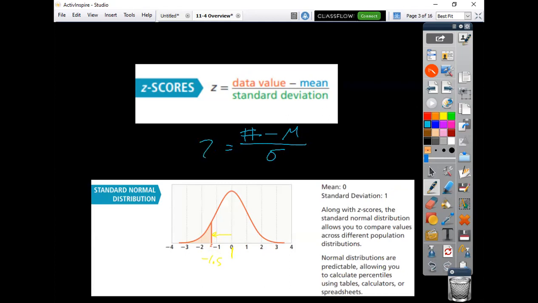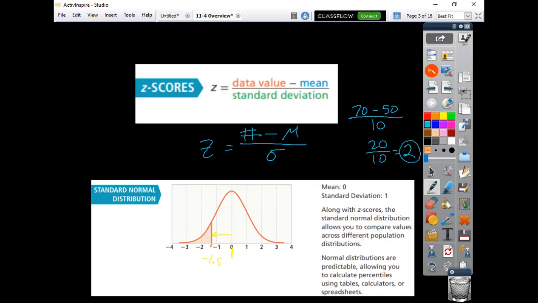That'll give you your z. So if I have a number that's 70, but the mean is at 50, and each standard deviation is 10, so 70 minus 50, I'm 20 points above, and each standard deviation is 10. So I'm 2 standard deviations above the mean.